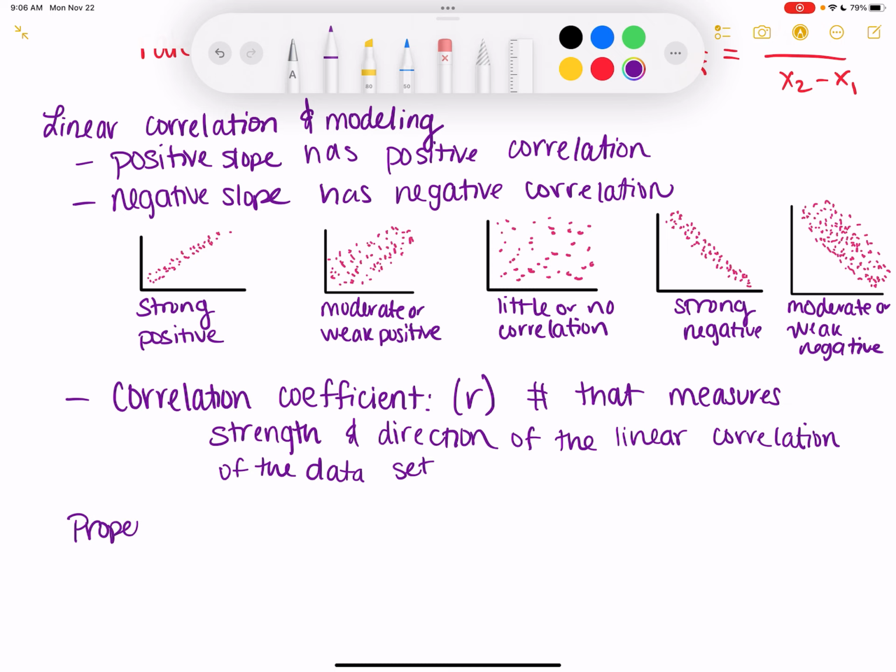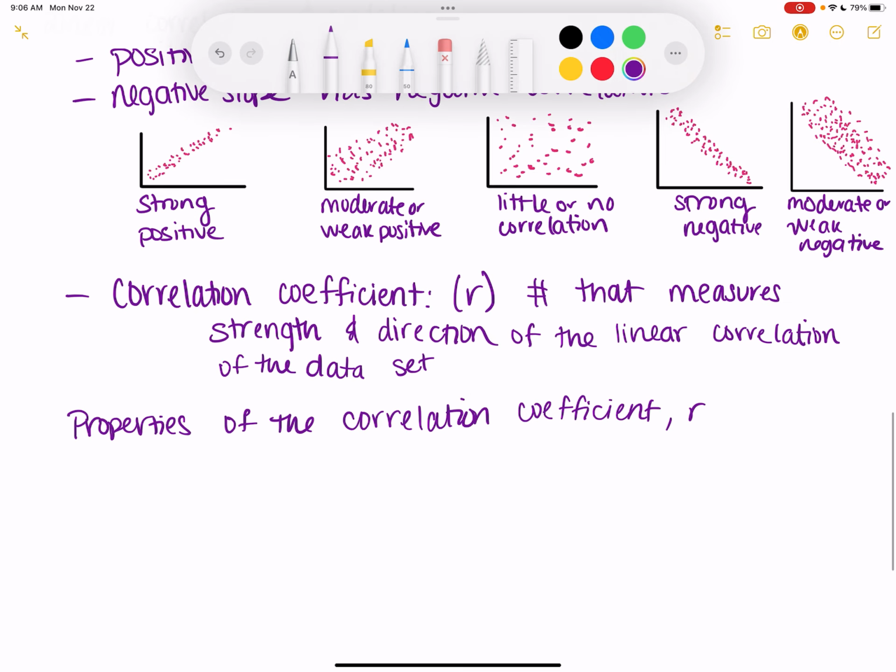Properties of the correlation coefficient. There are going to be 6 of them. -1 is less than or equal to r is less than or equal to 1.